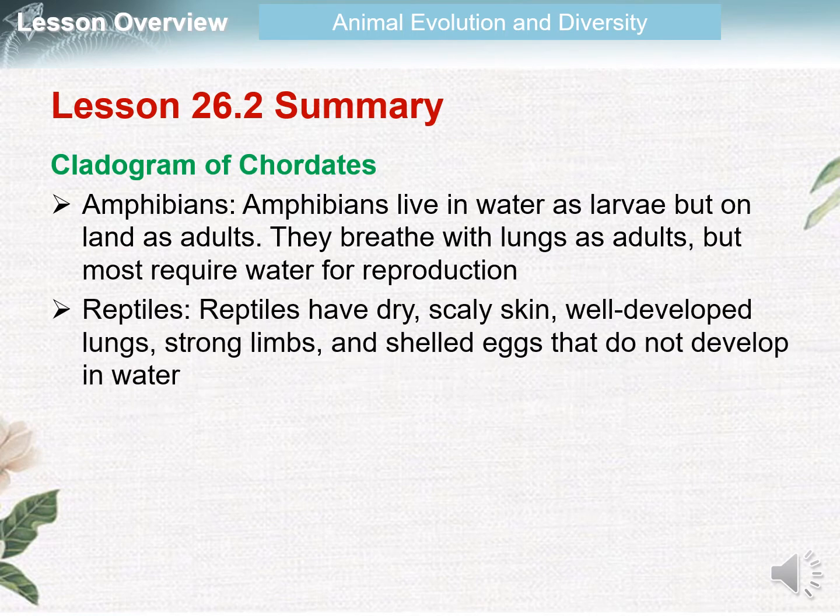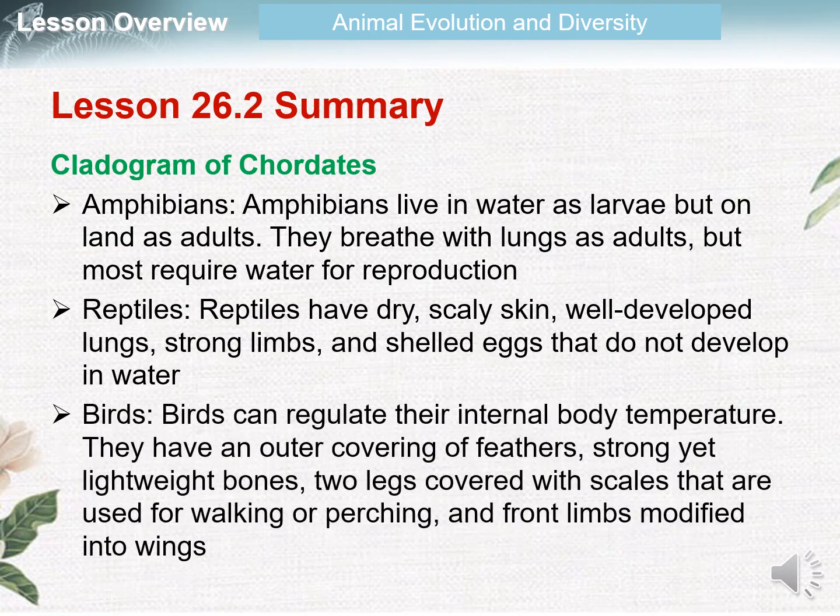Reptiles have dry, scaly skin, well-developed lungs, strong limbs, and shelled eggs that do not develop in water. Birds can regulate their internal body temperature. They have an outer covering of feathers, strong yet lightweight bones for flight, two legs covered with scales that are used for walking or perching, and front limbs modified into wings.